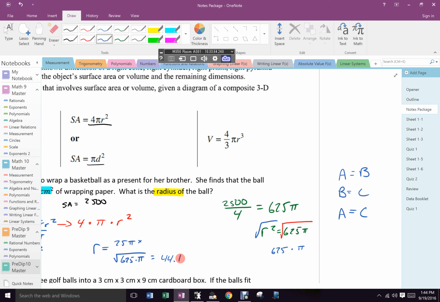So 44 squared times pi times 4 should equal 2,500, right? Check it.